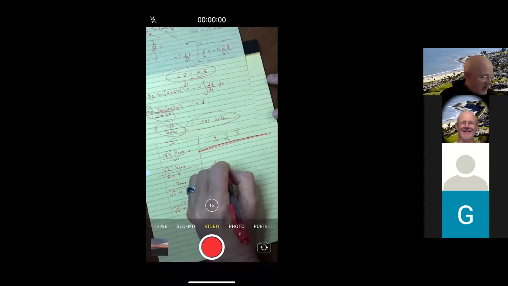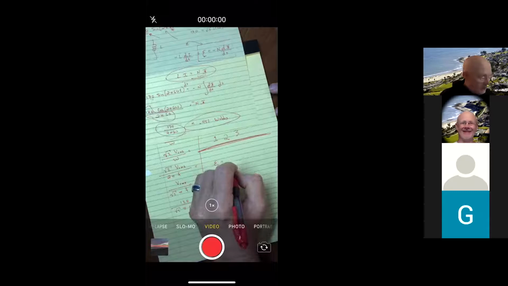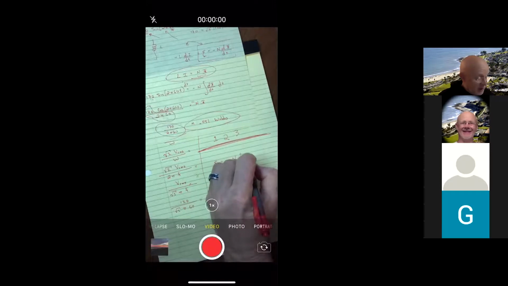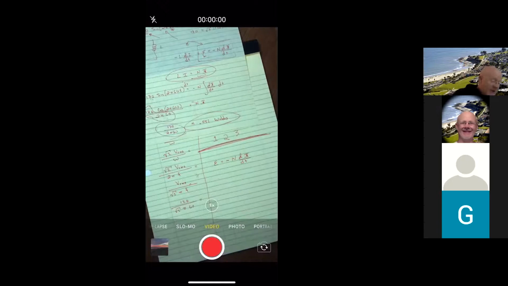So this says the EMF is equal to the negative, technically, the number of turns times the derivative of the flux, the time derivative of the flux. Now, I personally think the hardest part of this problem might actually be finding the maximum flux.